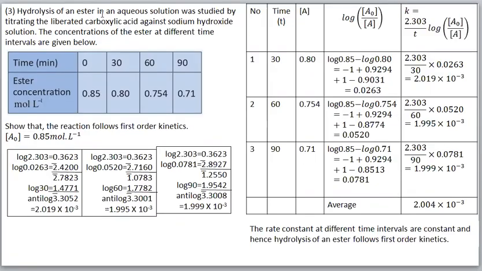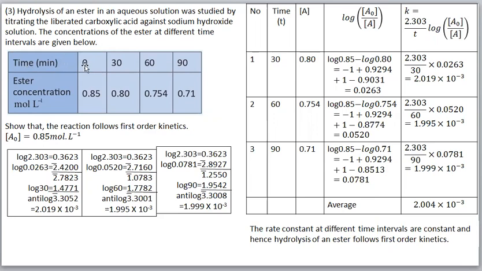Hydrolysis of an ester in an aqueous solution was studied by titrating the liberated carboxylic acid against sodium hydroxide solution. The concentrations of the ester at different time intervals are given below.